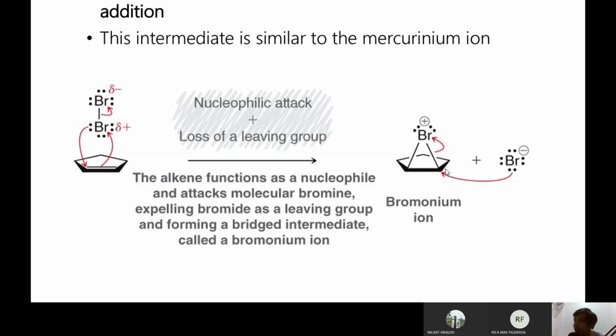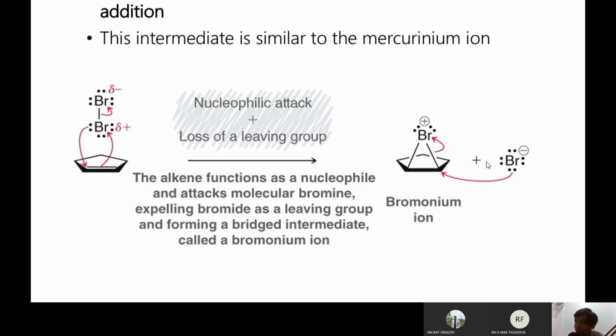So as a result, what happens is that nagiging anti yung addition natin. Hindi siya syn addition, anti-addition. Ganun yung nangyayari, ha? So, ano uli nangyayari? Ulit-ulit din. So, you have your double bond. Sisipitin yan ng isang halogen mo. So, iipit siya dyan sa taas. You will have your bromonium ion, for example.